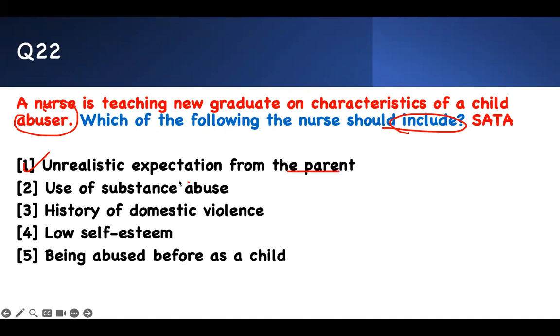Use of what? Substance abuse. Yeah. What do you think? History of what? Domestic violence. Yeah. They have low self-esteem and they've been abused before. They are basically expecting so much, so they have unrealistic expectations.